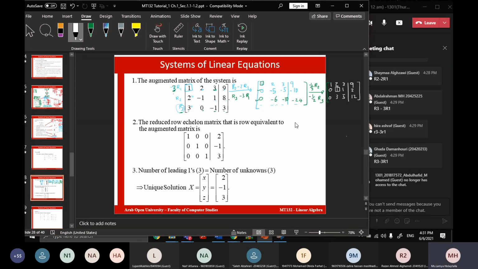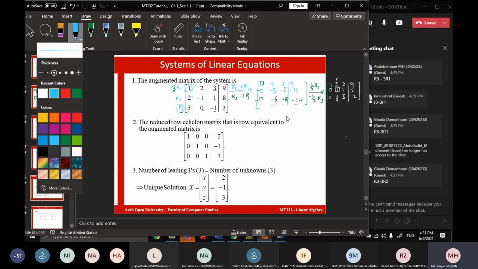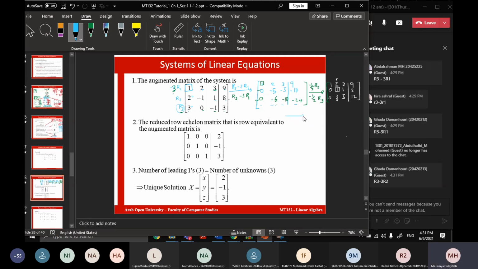And then after that, what? This is now the leading one of the second row. We should make this one here 0 and this one as well 0 using what? Using R2. So what do we have? We can choose which one we want to change.